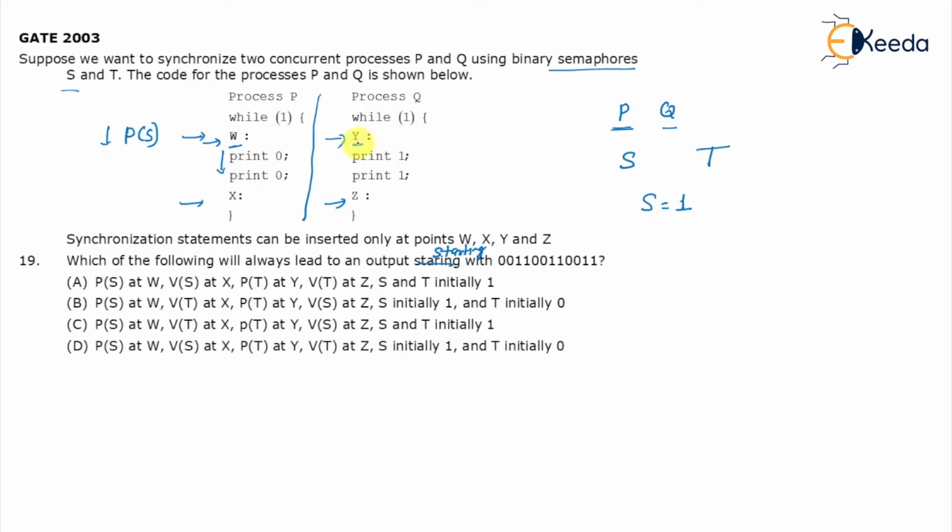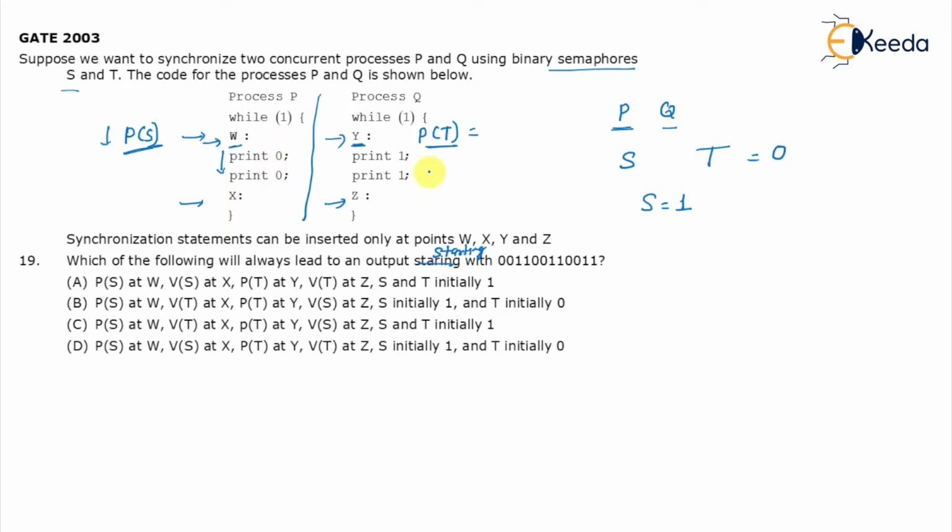But if I execute PT, it has to be unsuccessful, and for that I assign the T value to 0. Now if it is PS first, it will be a successful operation and it will bring the semaphore value down, so again it cannot enter, and here PT will be unsuccessful.